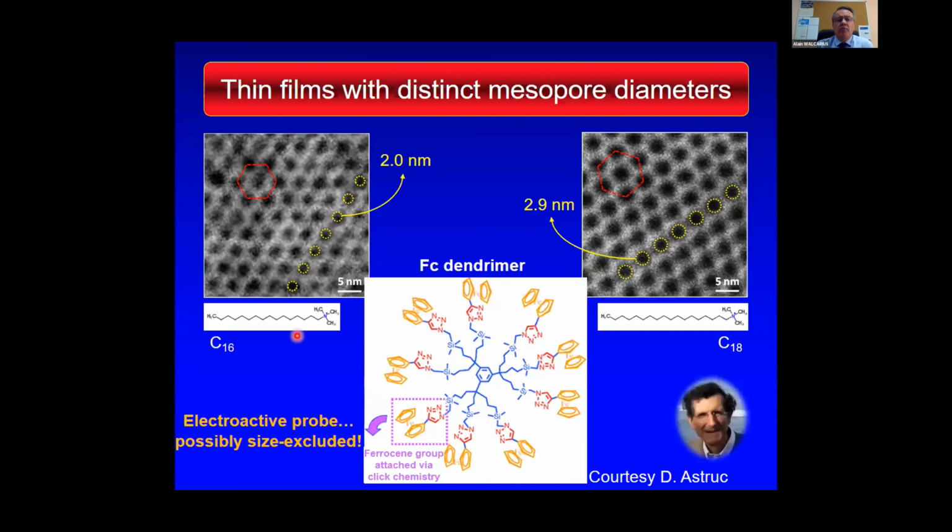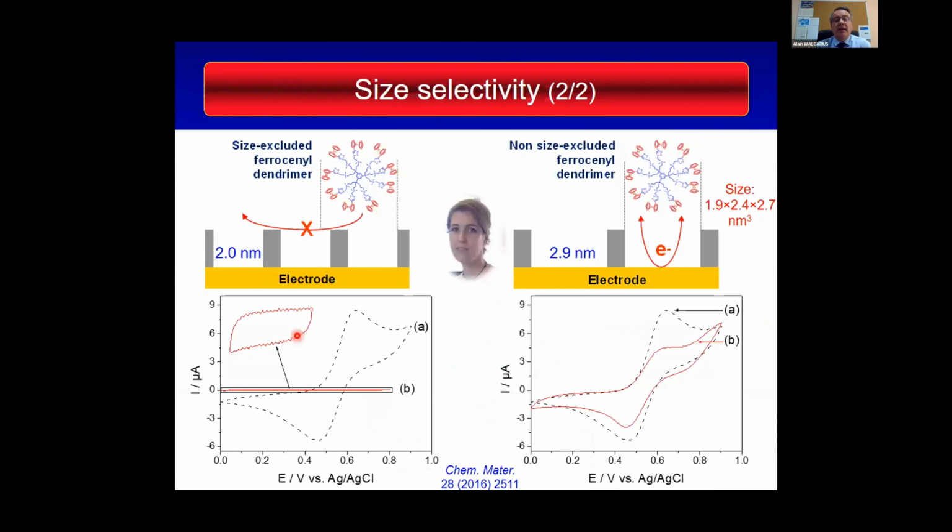And using a probe, which is a ferrocyanide dendrimer, whose size is in between these two values, indeed, we can have a real perm-selective behavior, as this probe is not able to cross the film with small pore diameter, no response, and it is able to cross a film which is a little bit larger in pore diameter, as you can see here by the nice voltammetric signal, yet lower than on the bare electrode because we have some resistance to mass transport.